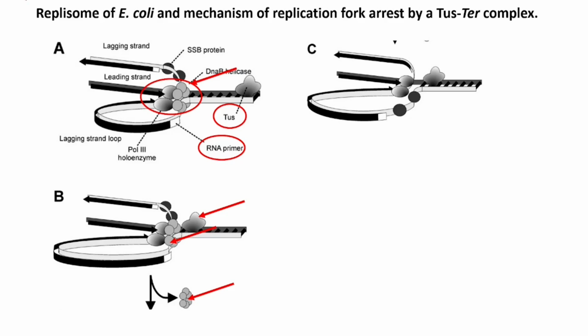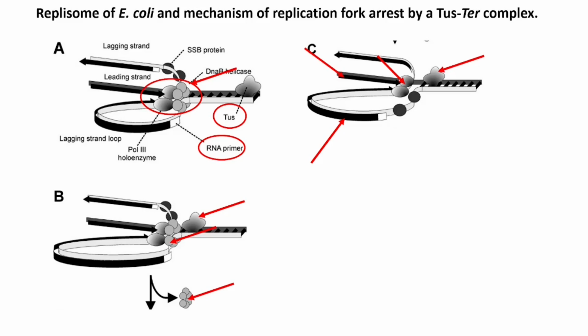After this, DNA polymerase III holoenzyme completes the leading strand synthesis up to the TUS-TER complex and synthesizes the last Okazaki fragment on the lagging strand, which will eventually be ligated by DNA ligase to the penultimate fragment following removal of its DNA primer by DNA polymerase I, which is not shown here.